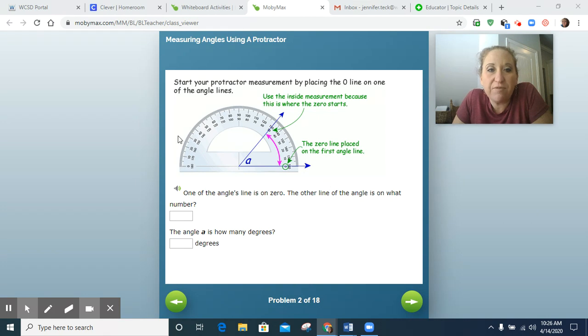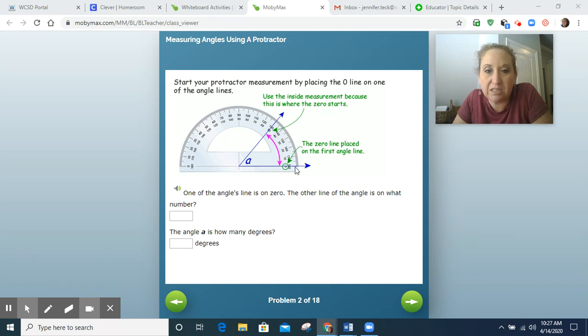So our first, I gave you a protractor right here, and it's giving us an angle. I wanted to show you how to make sure that we line up our protractor. We always line it up so that the meeting point of both of our rays is right here in the middle.